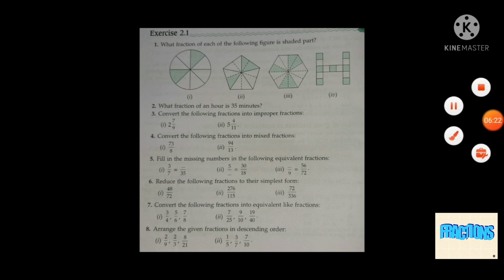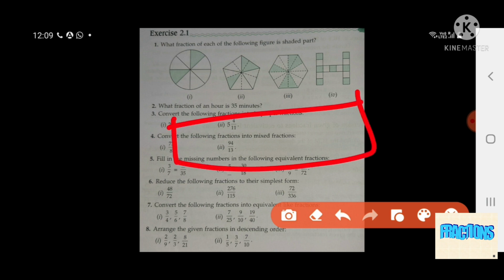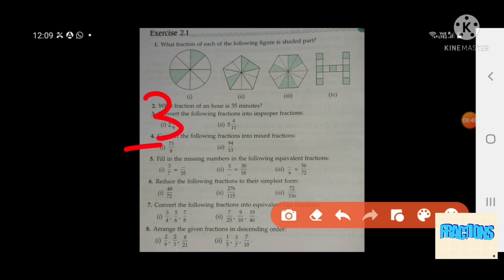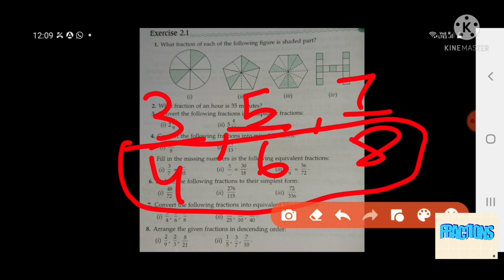The next is: convert the following fractions into equivalent like fractions. So we have the lower one, the denominator, and we have to make them the same. The first question we will do is 3 upon 4, comma, 5 upon 6, comma, 7 upon 8, and we have to make all the denominators the same. So by what can we multiply it?